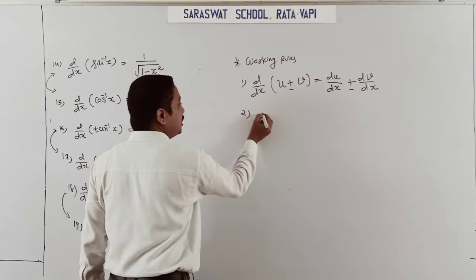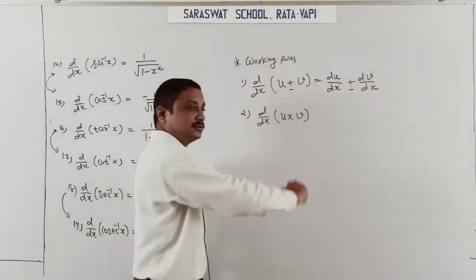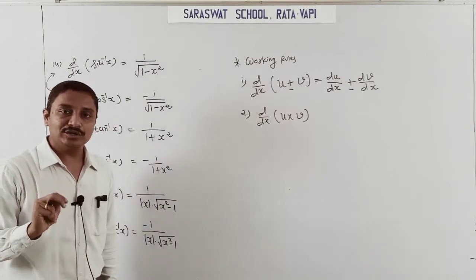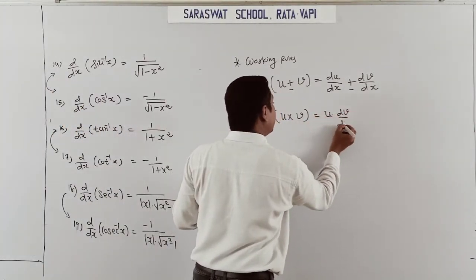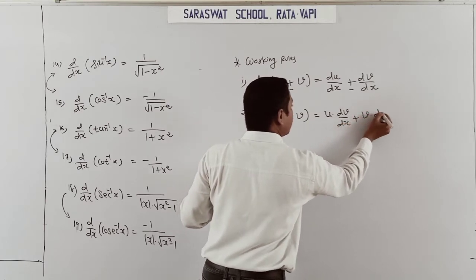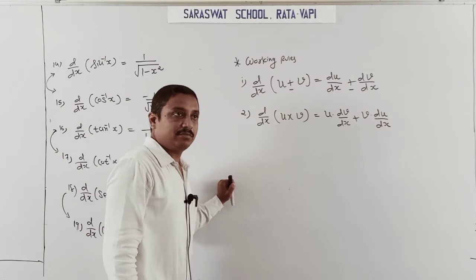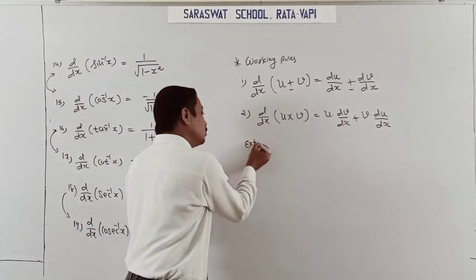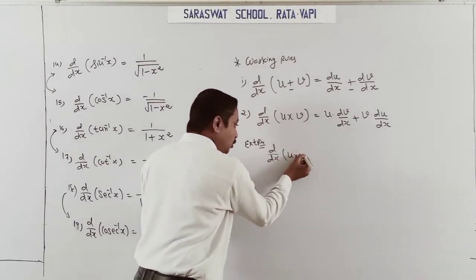After that, d/dx of u into v. I hope you know the product rule: first into derivative of second plus second into derivative of first. You already know this property, but here I write down one extra: d/dx of u into v into w.